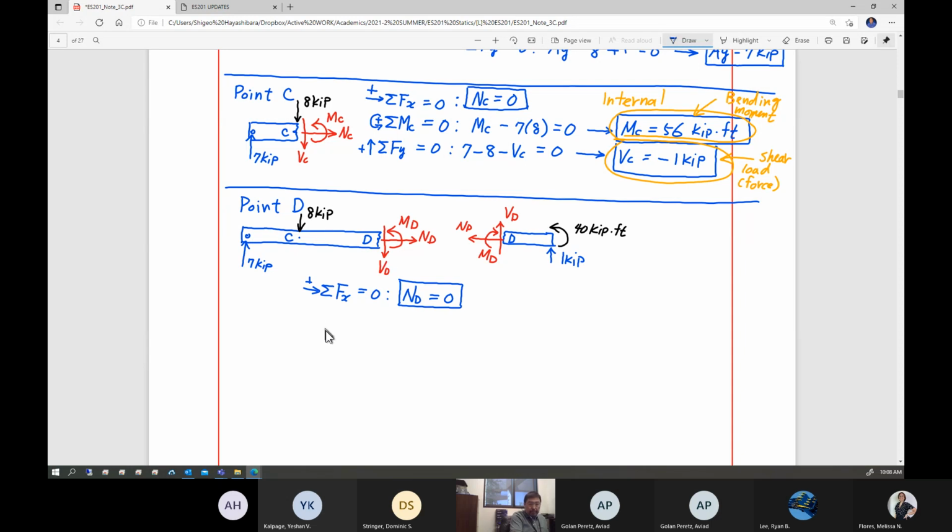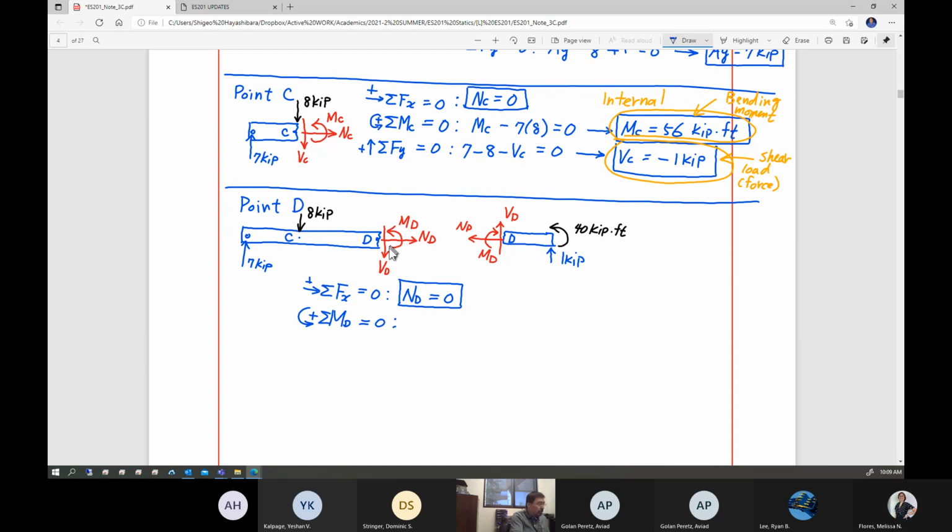Naturally speaking, this beam doesn't support any axial loading because that's not what it's designed for, of course. And then let's apply summation of the moment at this location D, set equal to 0.